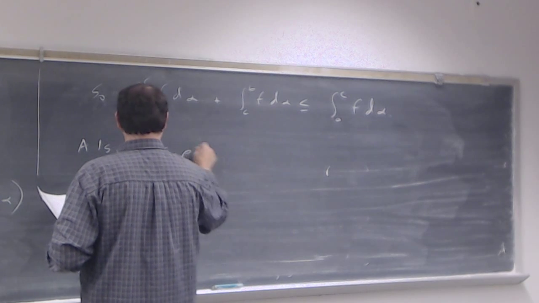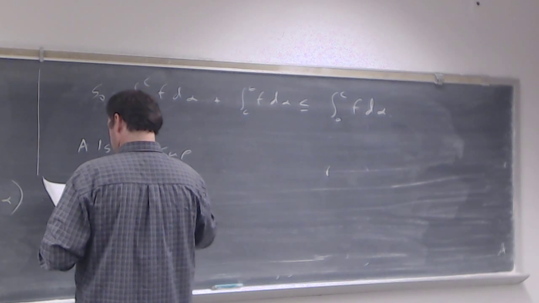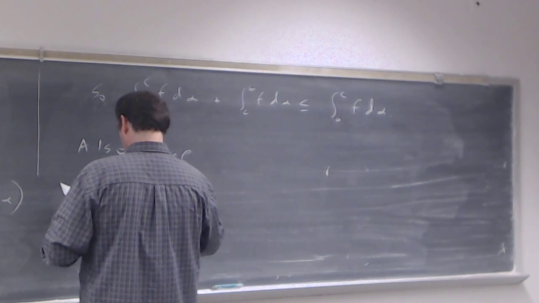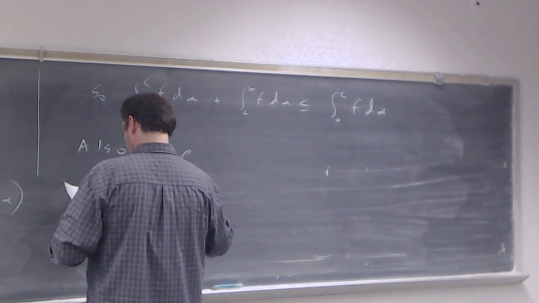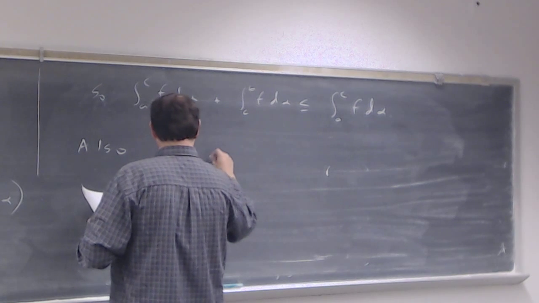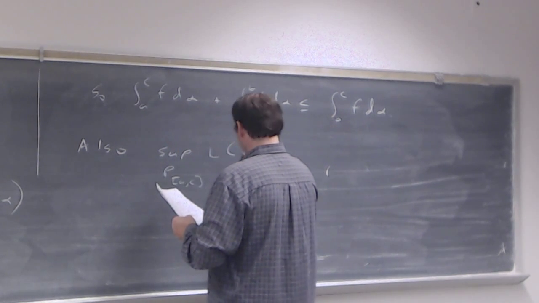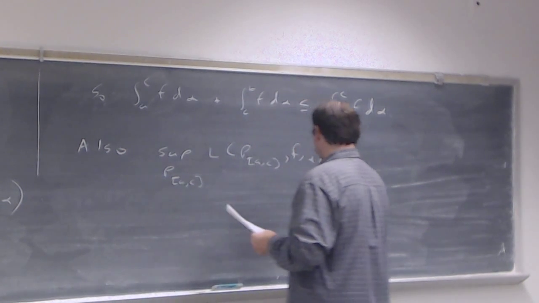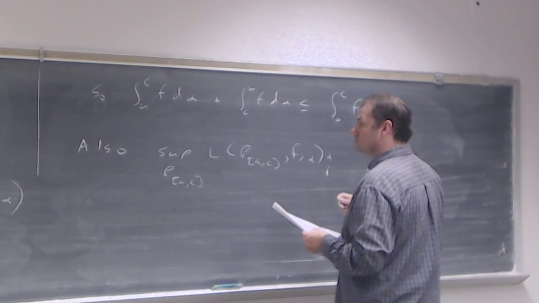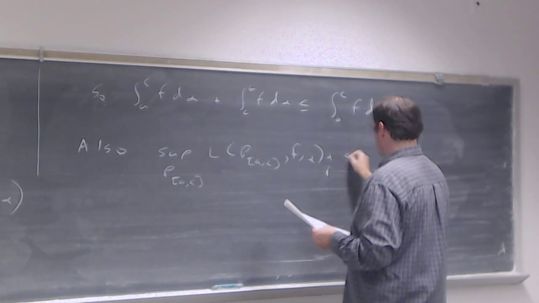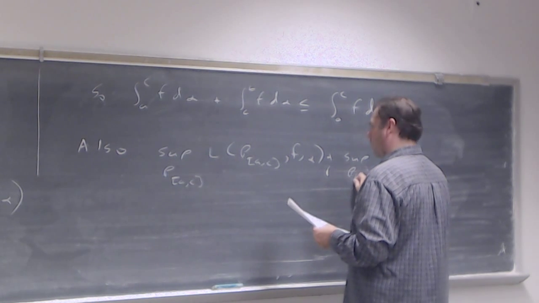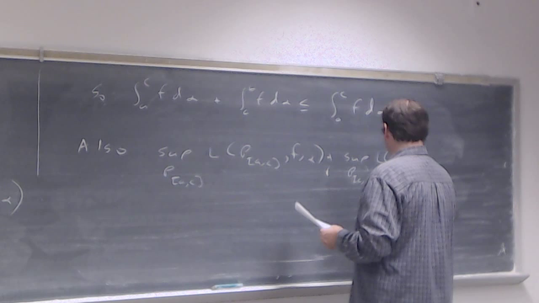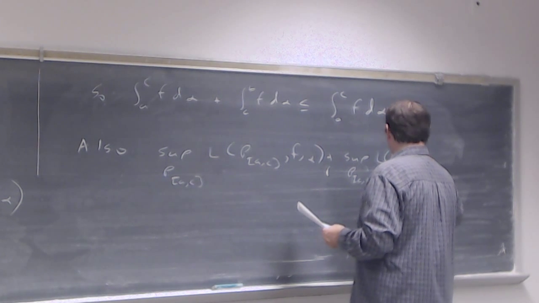So also the sup over all partitions of A to C of the lower sum, F alpha, plus the sup over all partitions from C to B of lower sums involving partitions from C to B of F and alpha.